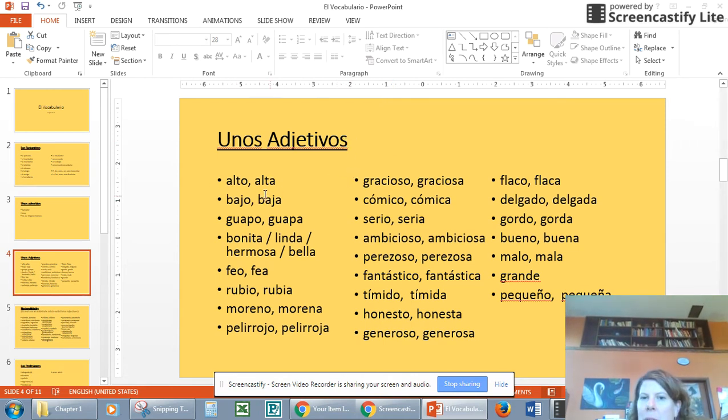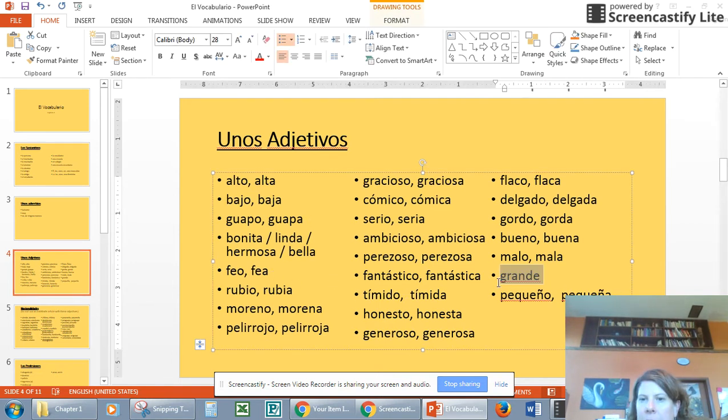All right, notice that we have two forms of all of these written down. Unless, like over here, grande, there's only one form. That's because this can be used if it's masculine or feminine, but you'll notice on the rest of these, there's a form that ends with an O and a form that ends with an A. So if you're talking about a boy, you use the form that ends with an O. And if you're talking about a girl, you use the form that ends with an A. All right, with that out of the way, alto, alta, that means tall.